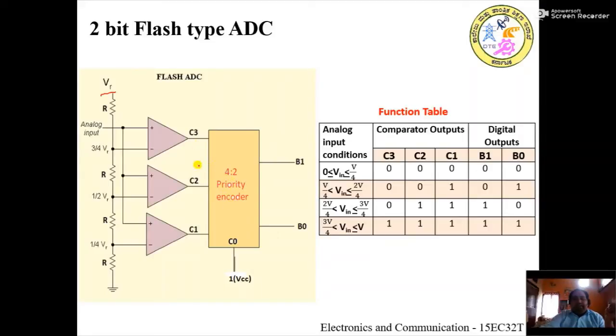Since there are only three inputs here but the 4:2 priority encoder has four inputs, we consider C0 as another input, which is connected to VCC always. The output is represented with the binary bits B1 and B0.